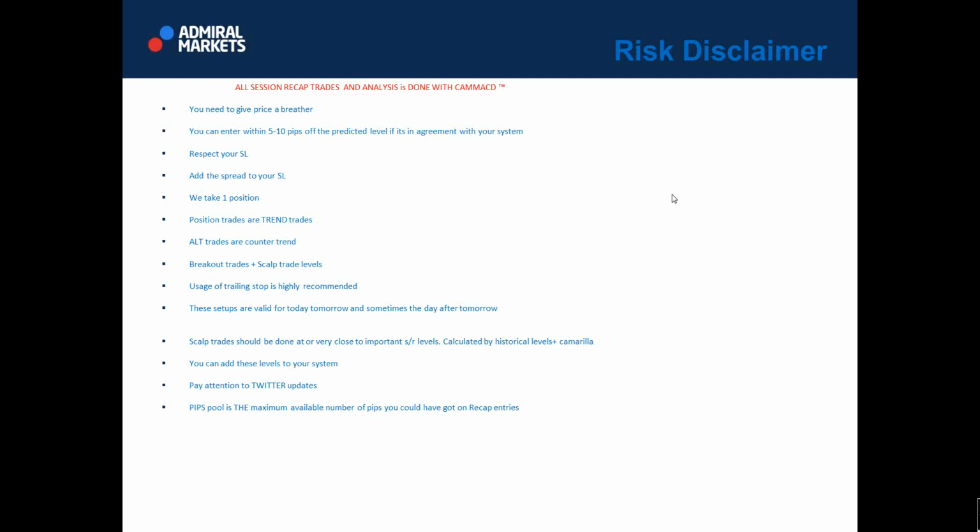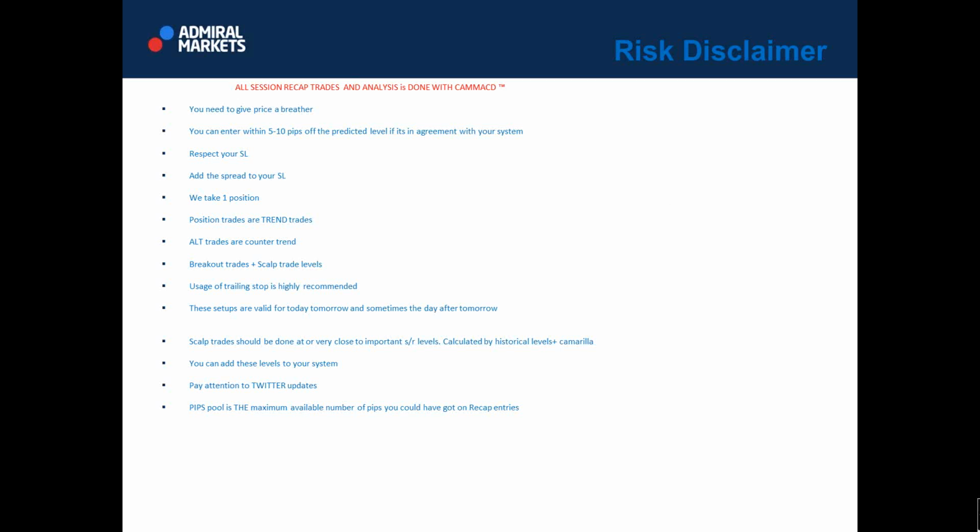For all of you who are not trading Camarilla MACD, what you should do is mark these levels, and then if it's in agreement with your own system, it's good to go. I know that many of you follow these trades as they are, so if you do that, respect your stop loss.